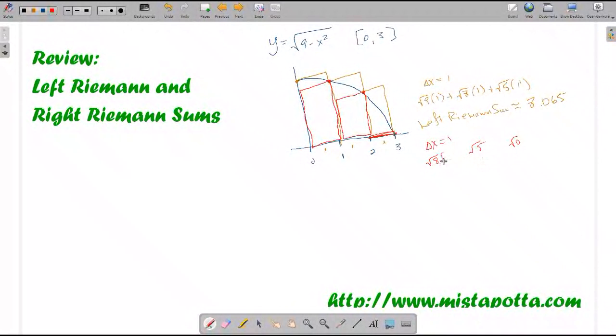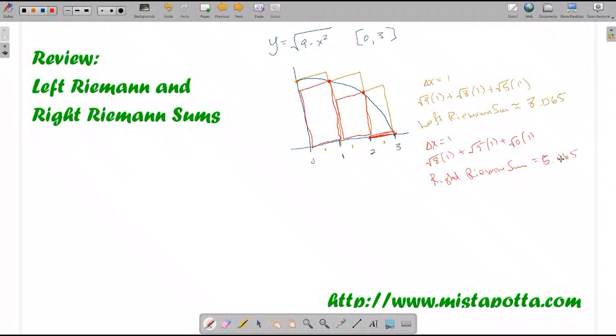And I'm going to be multiplying each of these by 1 and adding them together. And I notice that my right Riemann sum is equal to 5.065.